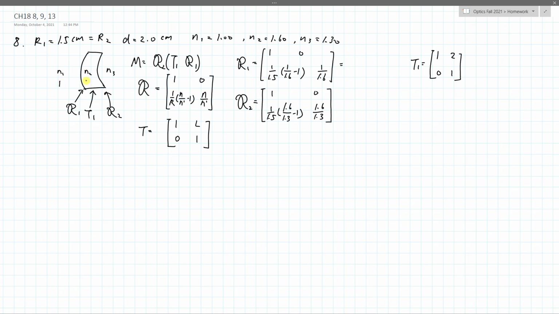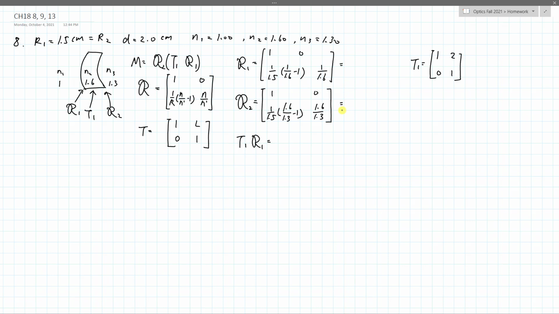This is 1, 1.6, 1.3, so you can refer to them on your diagram. So we'll calculate that, and then our system matrix. Let's do that in steps. I'll first calculate T1 times R1, so I'll get these two first, right?